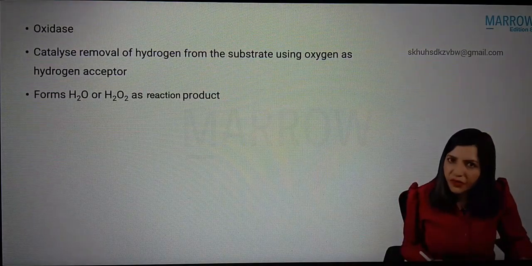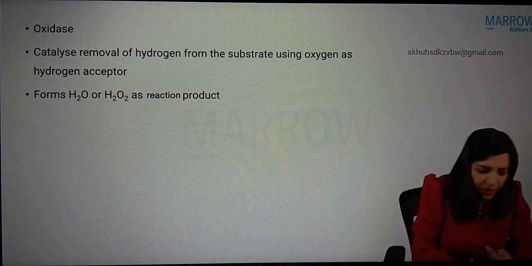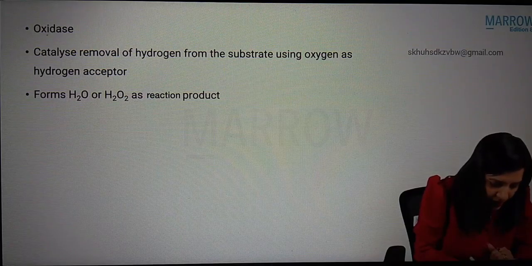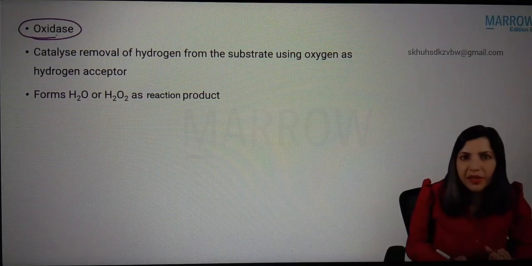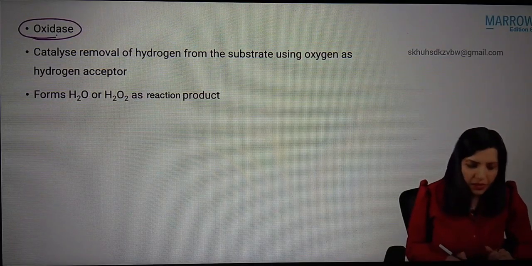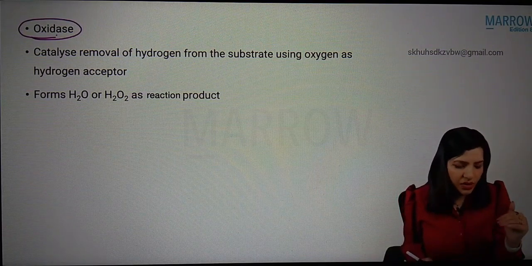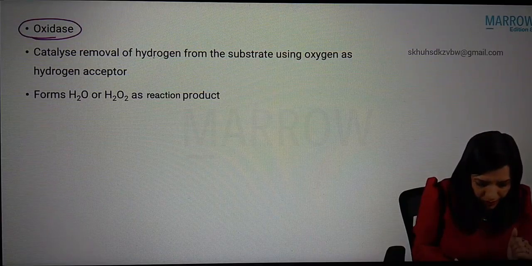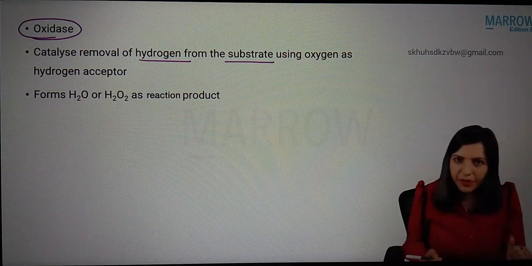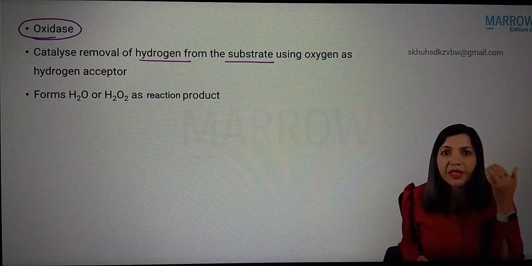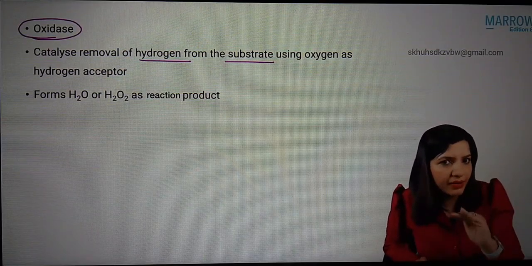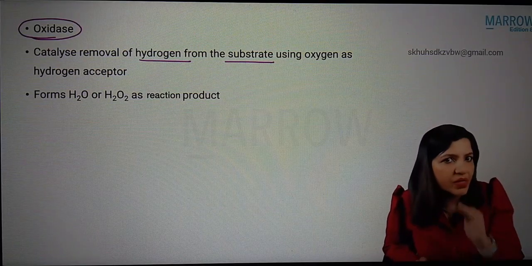After dehydrogenase, under the subclass of oxidoreductases, the second one is oxidase. In dehydrogenases, hydrogen is removed from the substrate and given to an acceptor, which is usually a B complex vitamin.